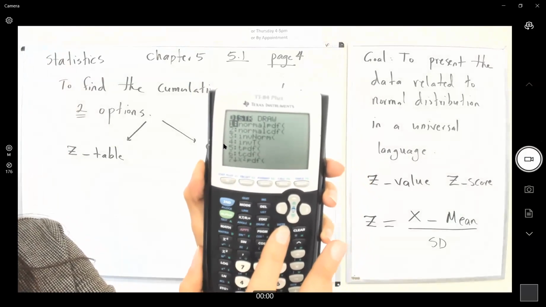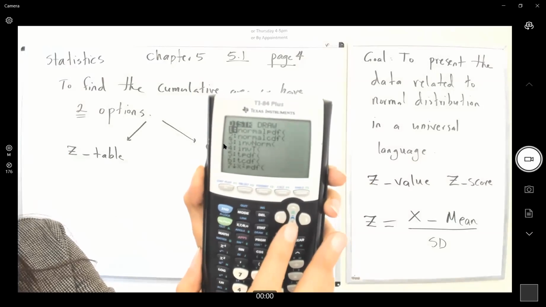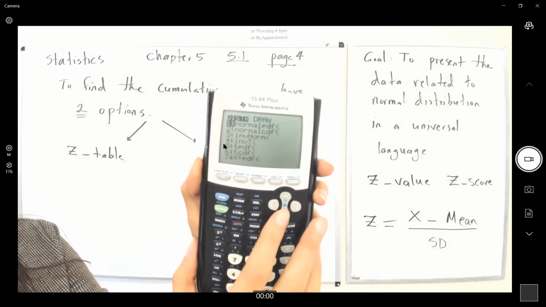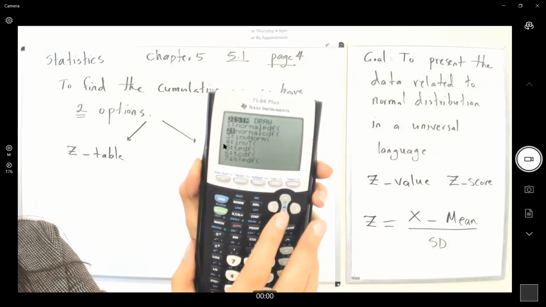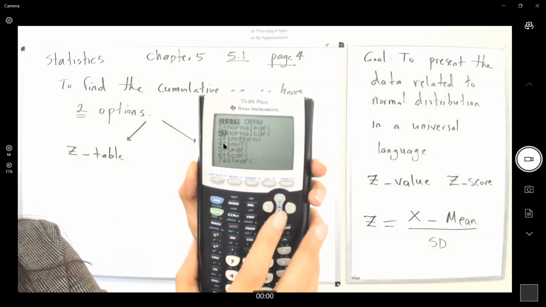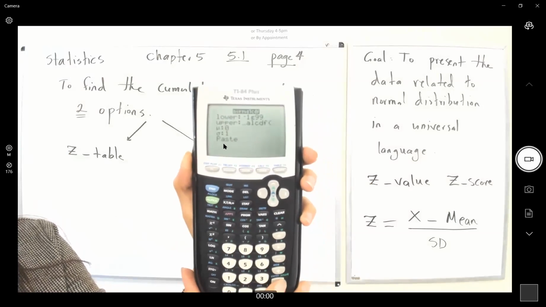Then you need to select not the first one. If you select normal PDF, it gives you the exact value. Since it says cumulative, you have to select the second one. So use the arrow, go to the second line, normal CDF, enter.